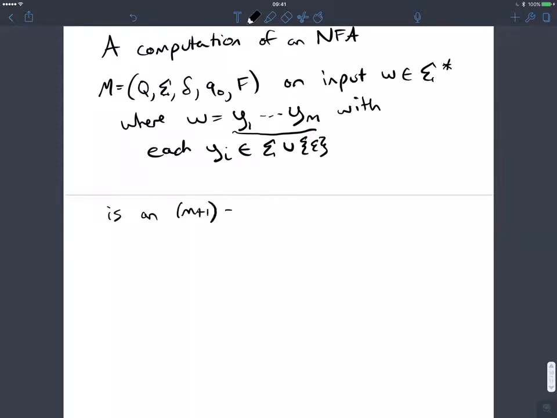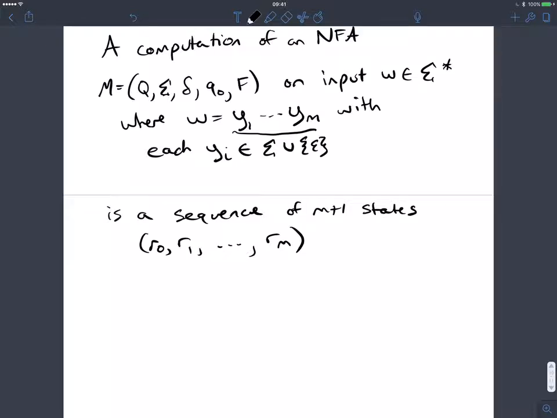So all this is a sequence of m plus 1 states, R0, R1, same thing as before, Rm.